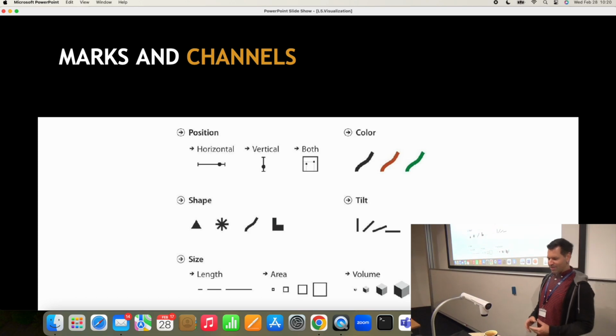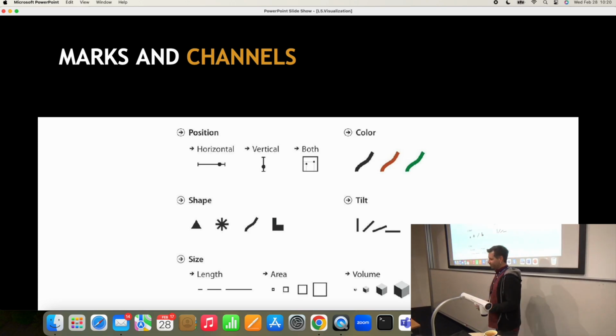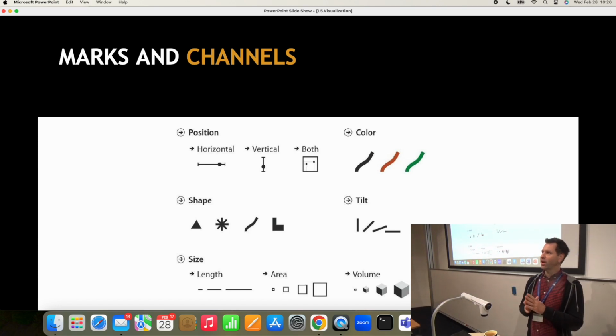And then we have so-called channels. So what can we do with the points, edges, curves, and areas to modify them to encode more data? That's what the so-called channels are. We can modify their position, right? Horizontal, vertical, or both. We can modify their color. We can modify their shape.